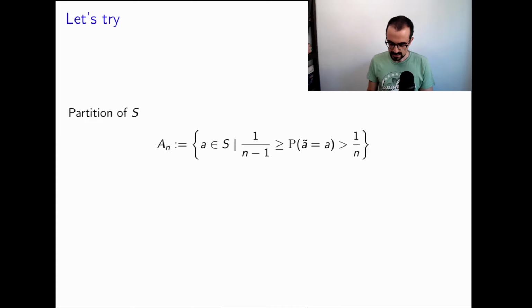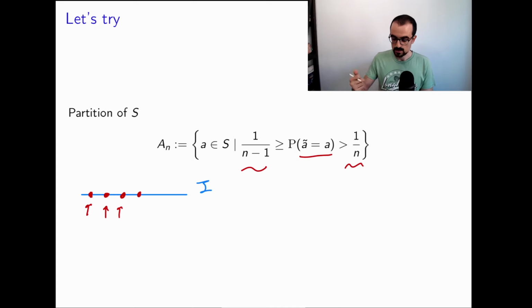Okay, so let's consider this interval I. And now I'm going to take all the points in I such that the probability that the random variable is equal to each of those points is between 1 over n and 1 over n minus 1.